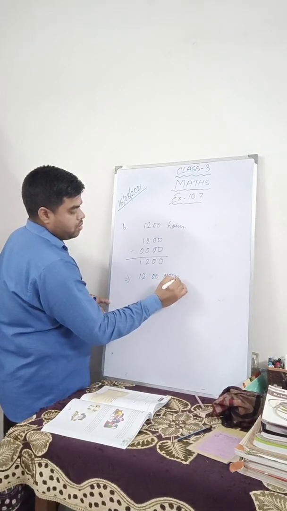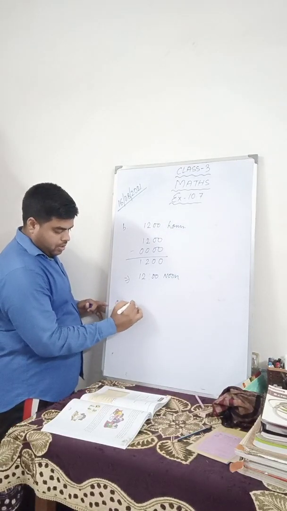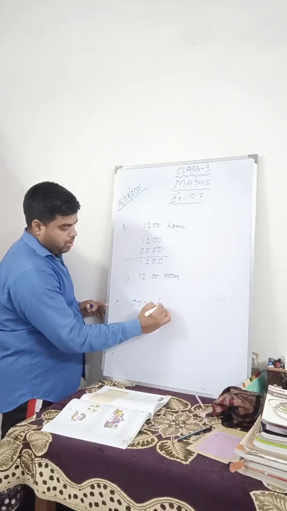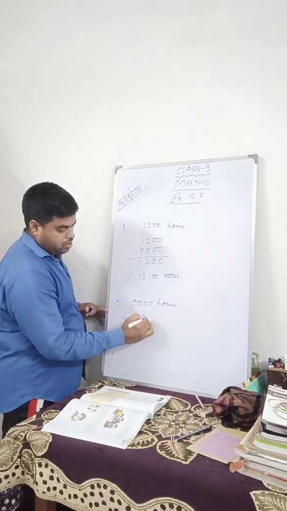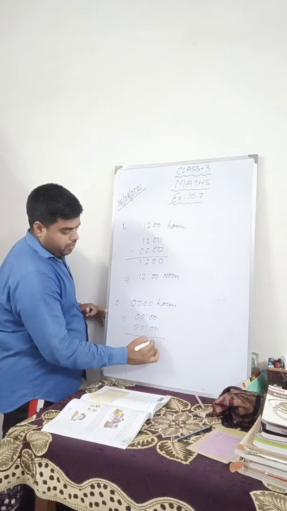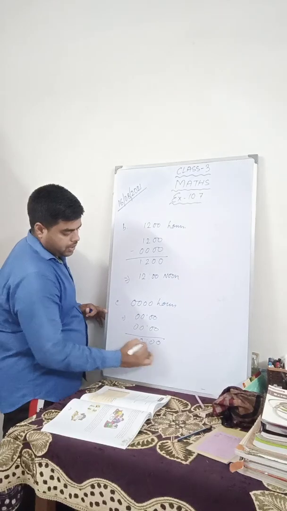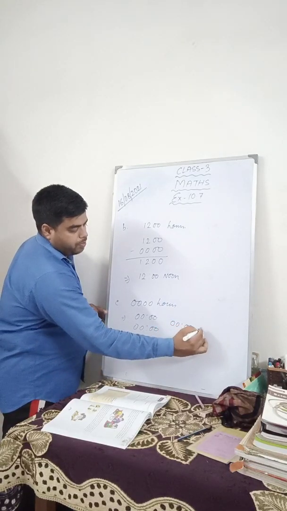it will be 12 noon. And at the same time, I'll show you why. If it is 0000 hours, you will subtract 0000, so everything will be 0, and this time it will be midnight.